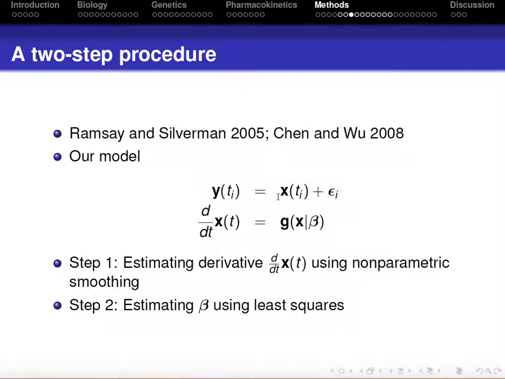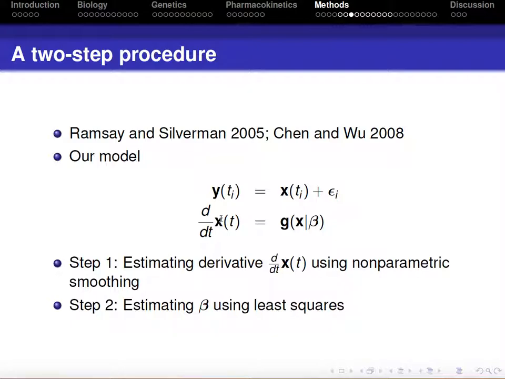But when we estimate the derivative, the estimation error increases quickly, especially when the data are sparse. So it is hard to get an accurate estimation of the derivative.